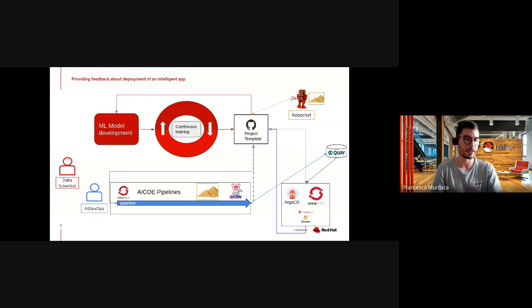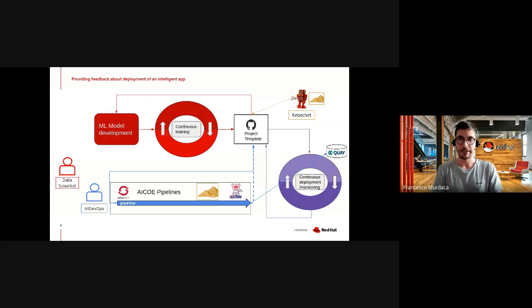All these pipelines can be triggered automatically and based on events, for example, if you use Kafka or similar technologies, and in this way all this can be automated. So at the end, what you really need to focus on is to make sure that your model is always behaving correctly, and the rest is automated, and monitoring is going to help you for that. And also this part is automated.